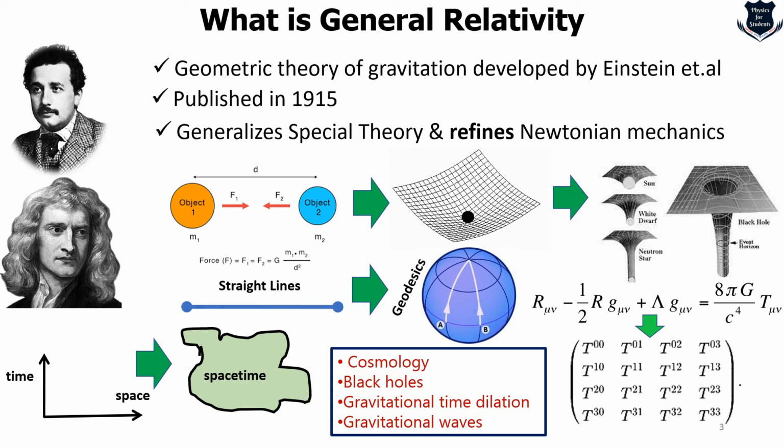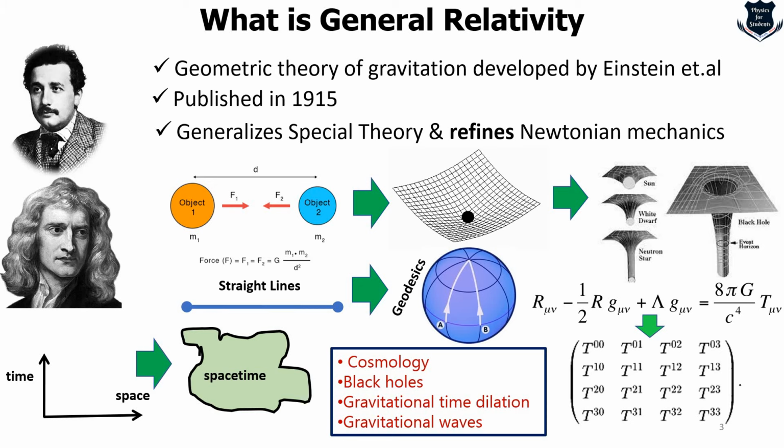It is a theory of gravity developed by Einstein and others, including Marcel Grossmann and a few other physicists, and it refines Newton's theory of gravitation into a much deeper and more profound theory, called general relativity, where straight lines extend into geodesics and the curvature of space-time is calculated using Einstein's field equations, tensors, differential geometry, and various other things.